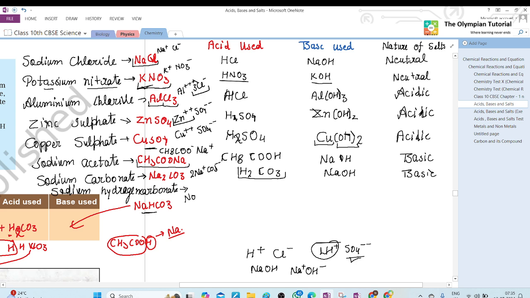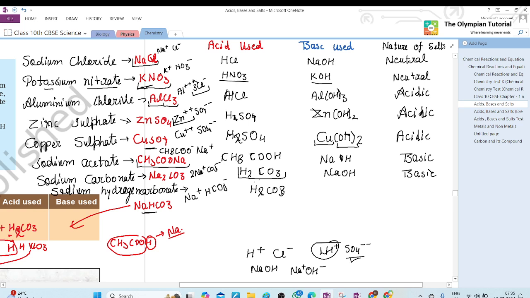Na plus, HCO3 minus. Very good. Which acid is used here? H2CO3. Same acid in both cases.